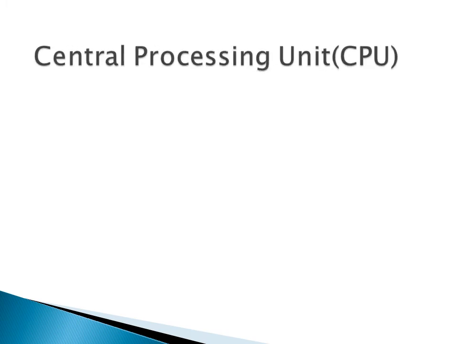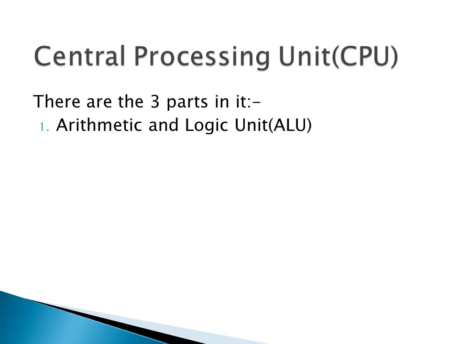Next, the CPU. There are three parts. The first one is the ALU, the arithmetic and logical unit, the second one is the control unit, and the third one is memory.